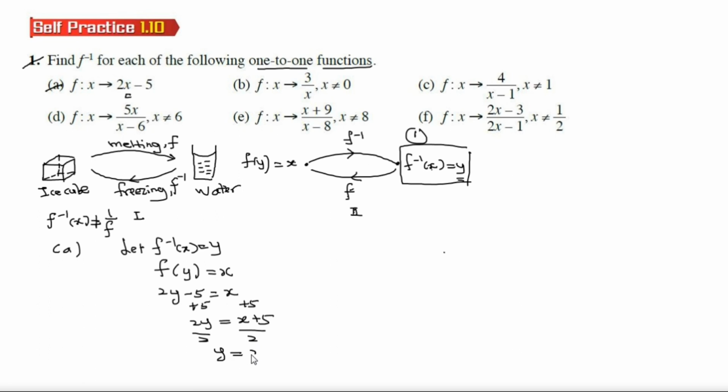So we have y equals x plus 5 over 2. Then we can say our f inverse x is equal to x plus 5 over 2. That is for A. So far can follow?